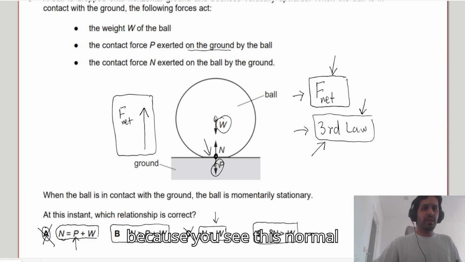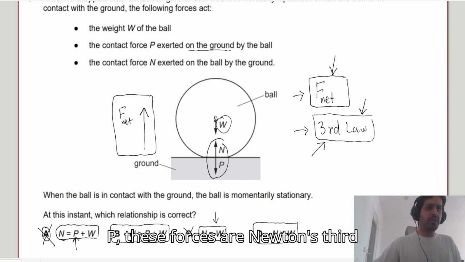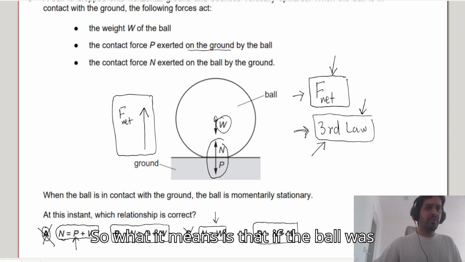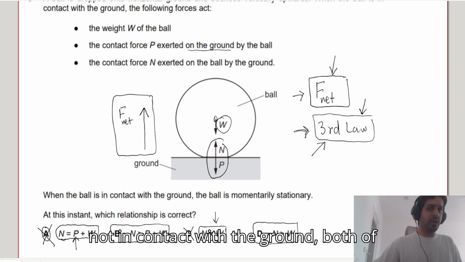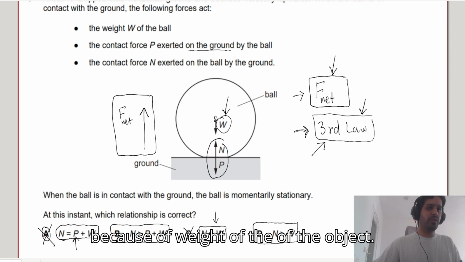Because you see, this normal force and this contact force P, these forces are Newton's third law pairs. So what it means is that if the ball was not in contact with the ground, both of these forces would not exist. Most students think that normal force is the reaction force because of the weight of the object.